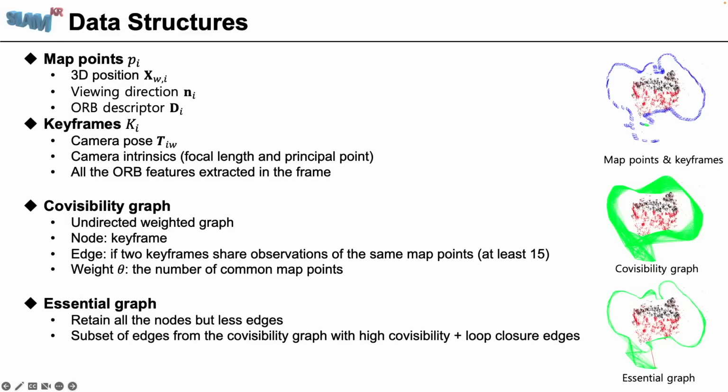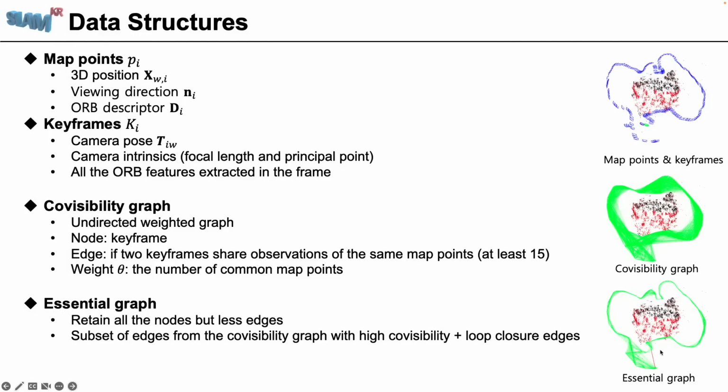Lastly, the essential graph retains all the nodes but has fewer edges than the co-visibility graph. It has a subset of edges from the co-visibility graph with high co-visibility, plus loop closure edges.